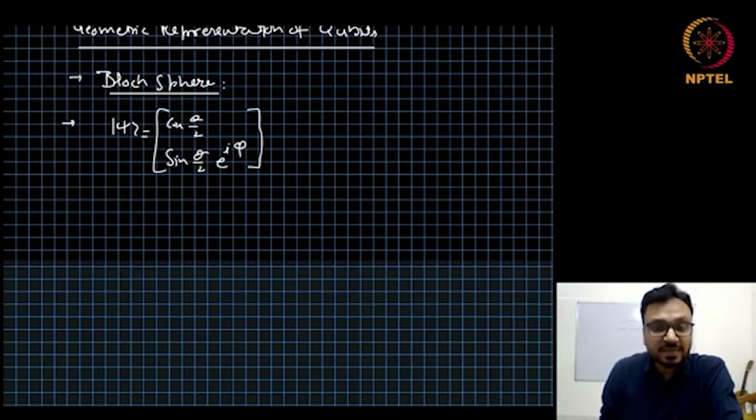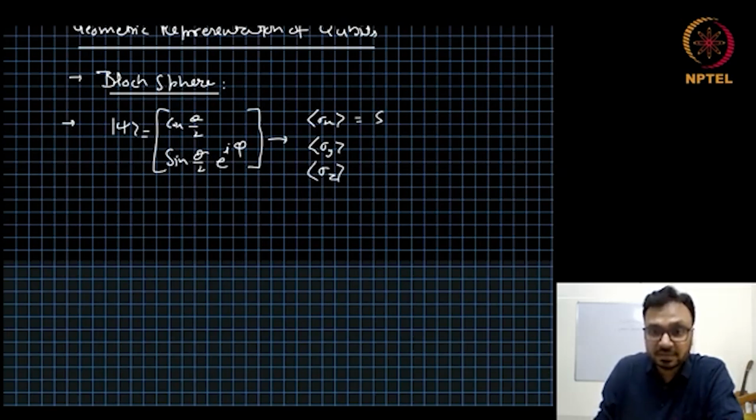And this is the mathematical representation of a state of a quantum system, and the experimental representation of that will be the expectation values of sigma x, sigma y, and sigma z, and they are given by sine theta cos phi, sine theta sine phi, cos theta.